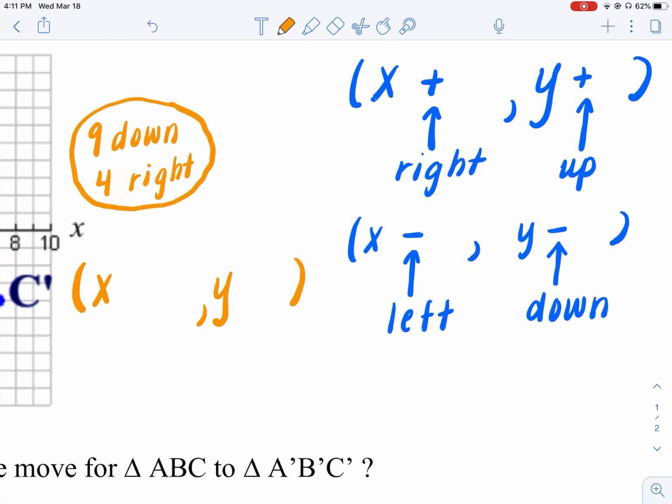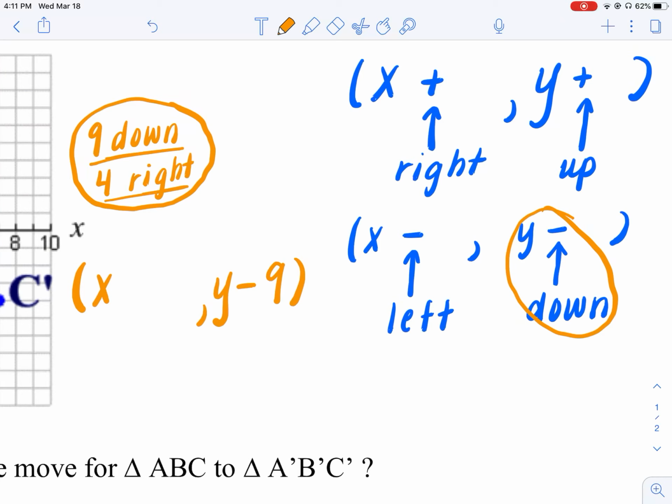It says that I went down 9. So if I went down, let's see. Oh, it shows us that right there. I have to do y minus. So I got to put y minus. And then what I'm going to put here is how many times it went down. It went down 9 times. So y minus 9.